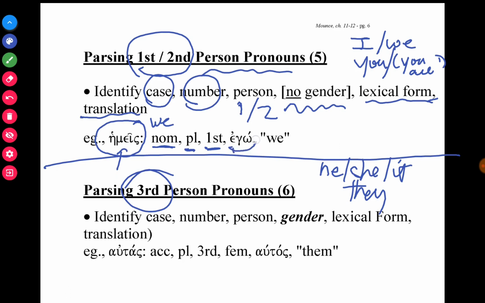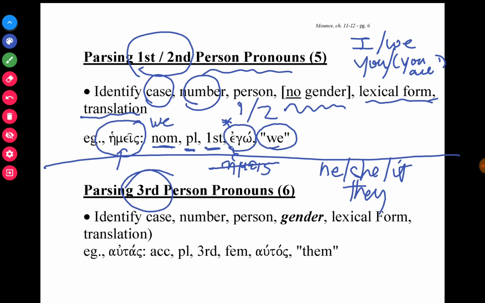Its lexical form is egō, because the we is simply the plural form of I. But there are some lexicons that actually write out hēmeis as the nominative, and I would accept both, but I think it's a good habit to remember that the lexical form for hēmeis is egō. And the translation here is we.